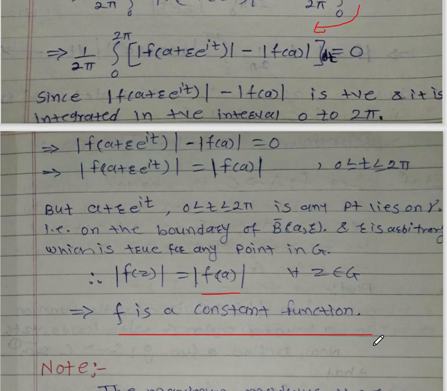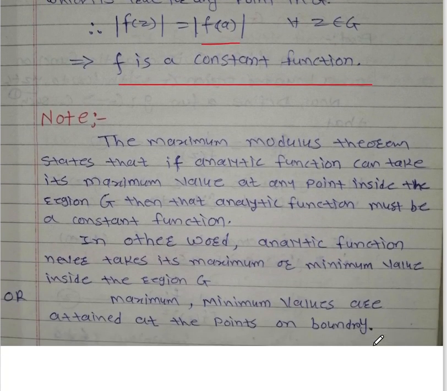Dear student, you have to note that the maximum modulus theorem is also stated as: if an analytic function takes the maximum value at any point inside the region G, then that analytic function must be a constant function. So the maximum modulus theorem can be stated in this other form.